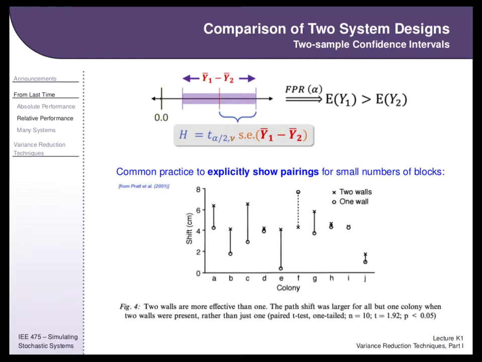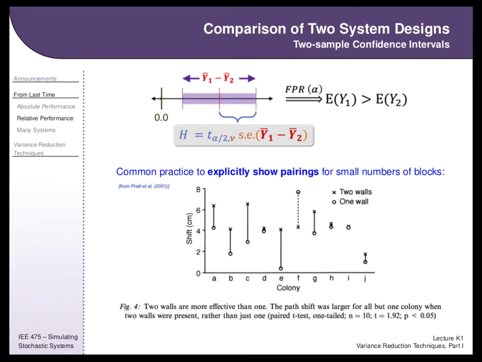We see that across all of these, there's only one colony where the circle and the X switch. So because all but one of these differences were in one direction, let's say positive, he was able to use a paired difference t-test to show that this one wall condition is significantly different from the 2 wall condition. So it's a very nice way to summarize it.